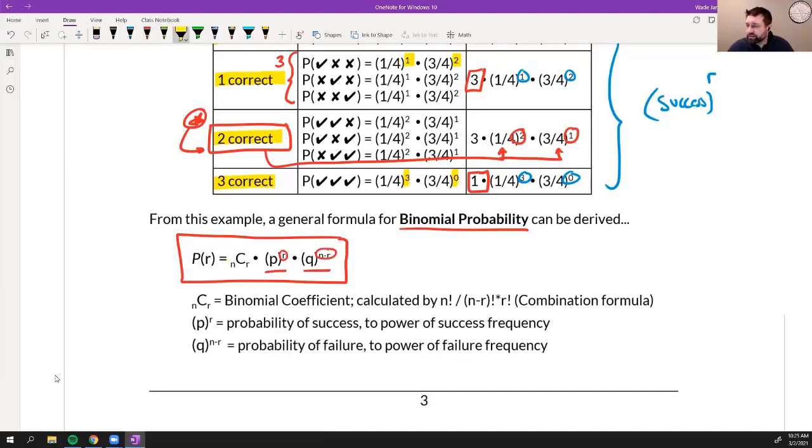And then there's this guy, the counter out front. Do you recognize that? nCr? This is the formula for a combination. Combination pizza, where order doesn't matter. This guy kind of pops up, and we're actually going to explain why that pops up next time.